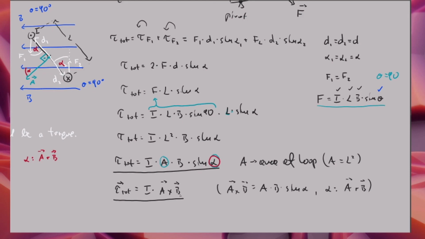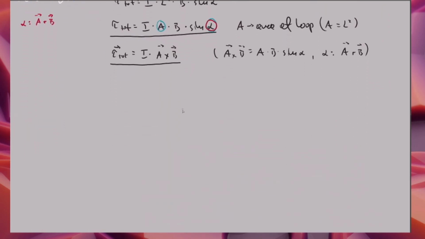So in general, let me now review this whole thing. If you have a current I that loops around, not really in a circle, loops around like this, where each side has length L. So this is L, this is L, this is L, and then this is L. And this thing is placed in a magnetic field.